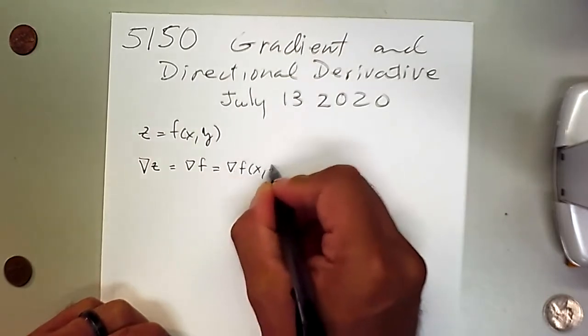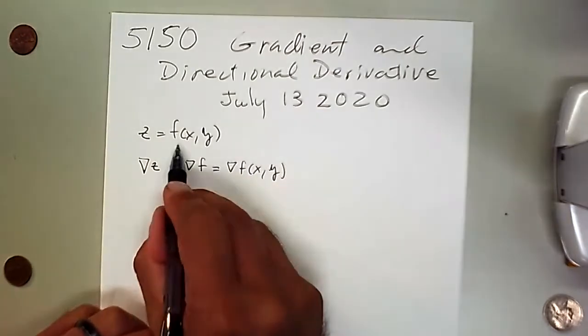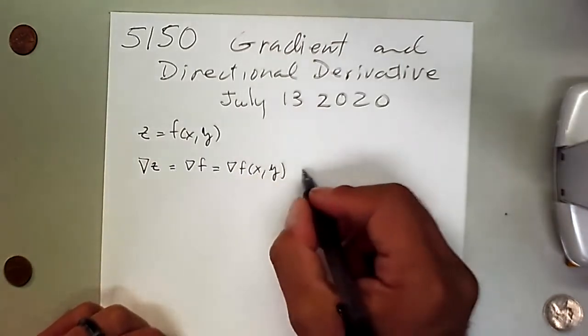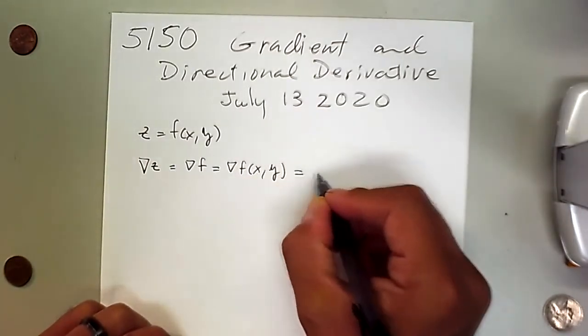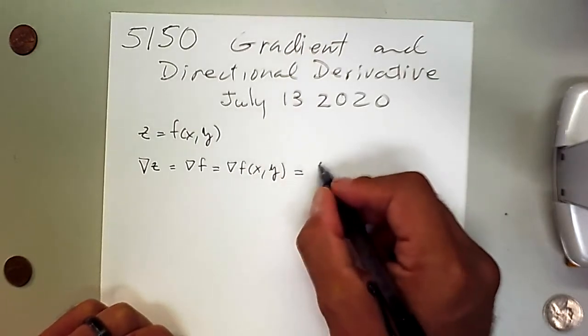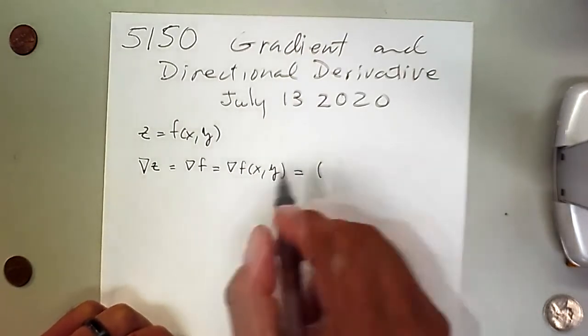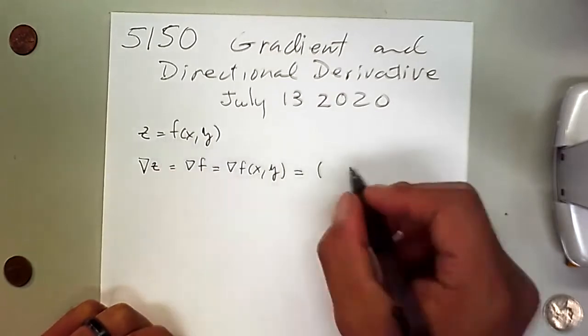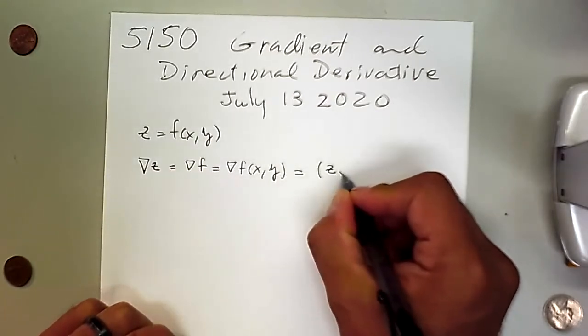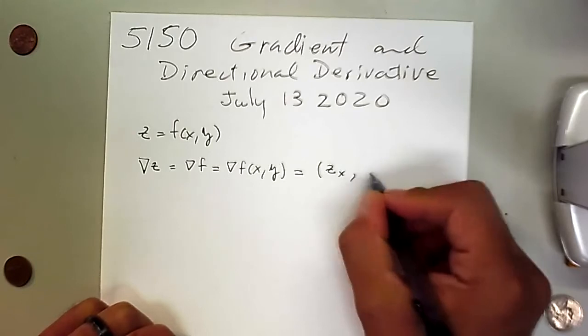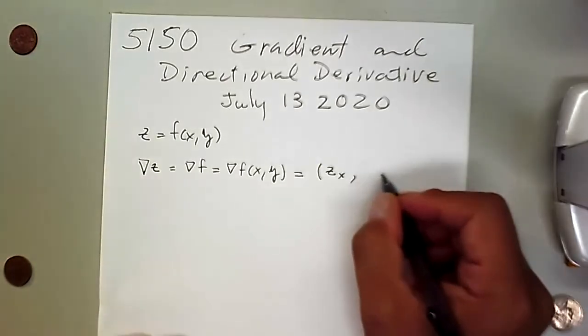of two variables, if the original function is a function of two variables, is very easy. It is a vector, first of all. The first component is the derivative of the function with respect to the x variable, or the first variable, whatever it may be.